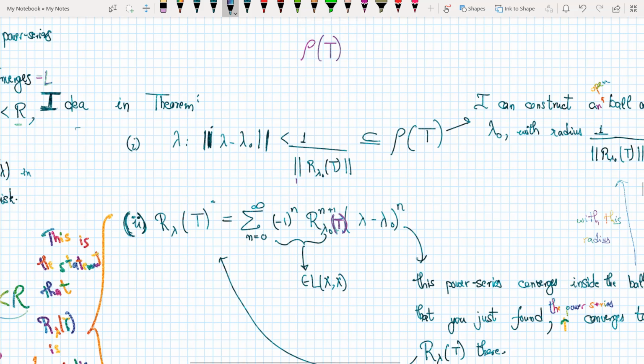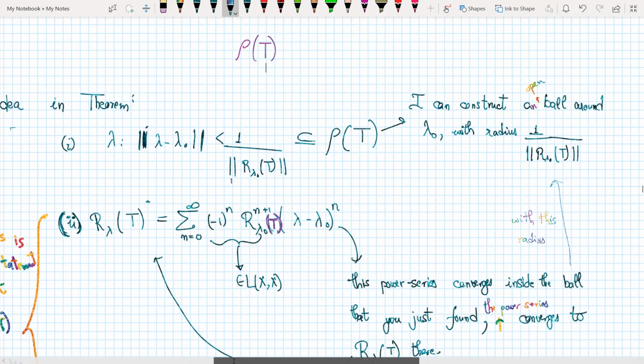What I mean to say is that for every lambda naught belonging to my resolvent set rho of T, I can construct an open ball with radius 1 over the norm of R(lambda naught, T), and this ball will lie completely within rho of T. That's just it.